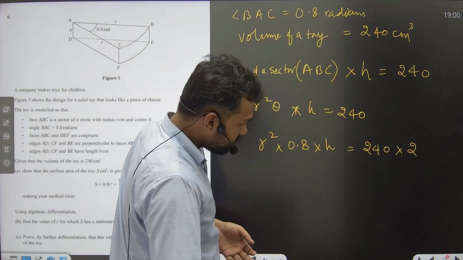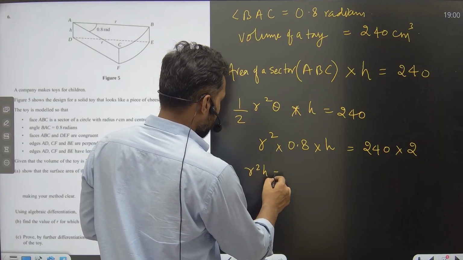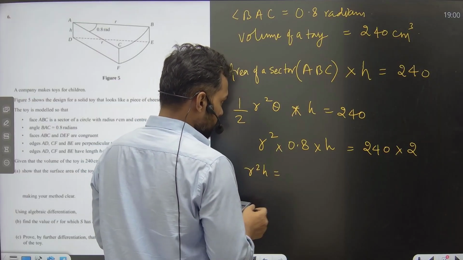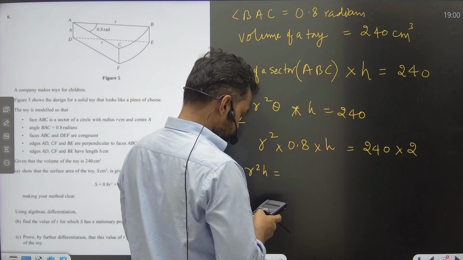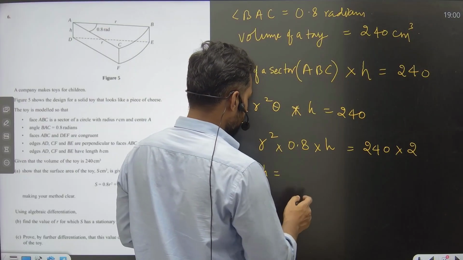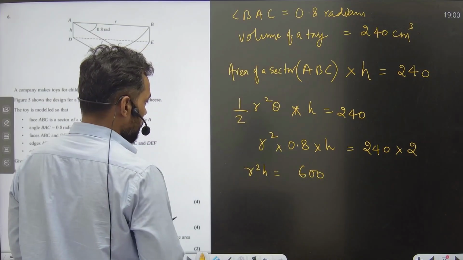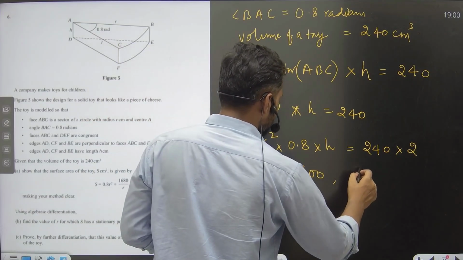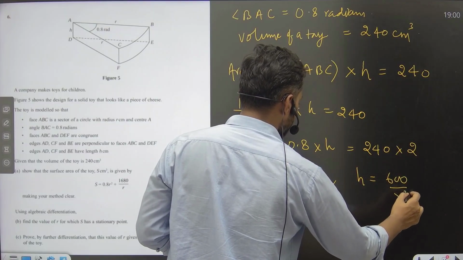So from this, I will calculate the value. R square h will be equal to 480 upon 0.8, that is equal to 600. Okay, so from here we can say that the value of h will be equal to 600 by r square.